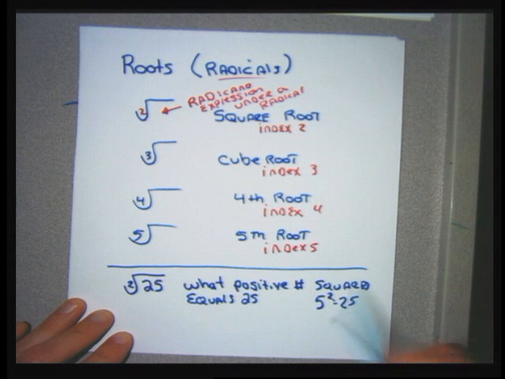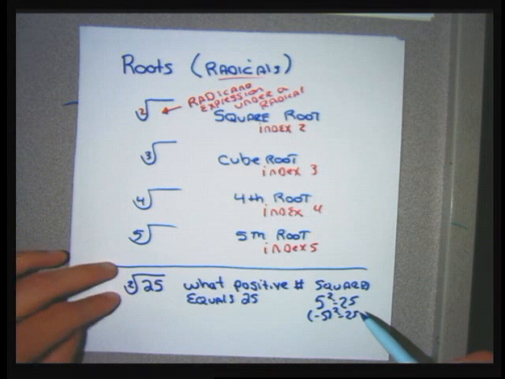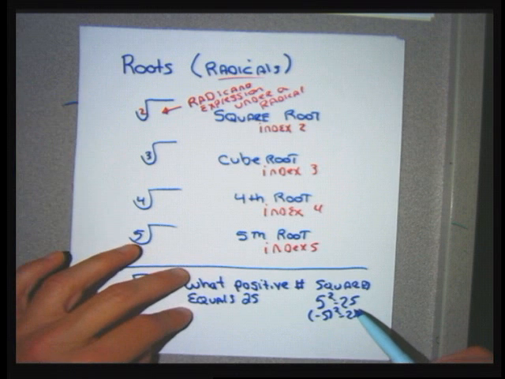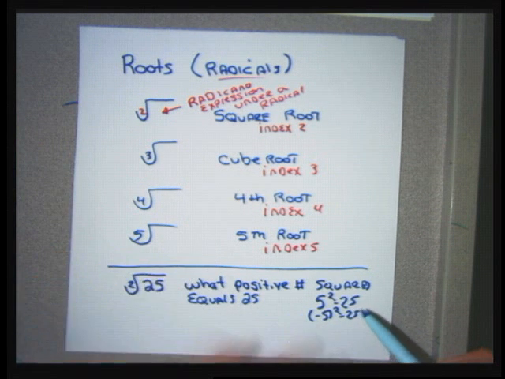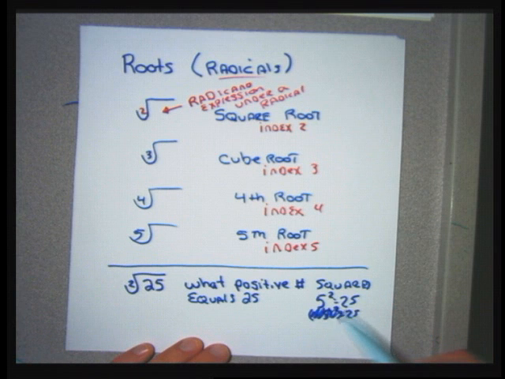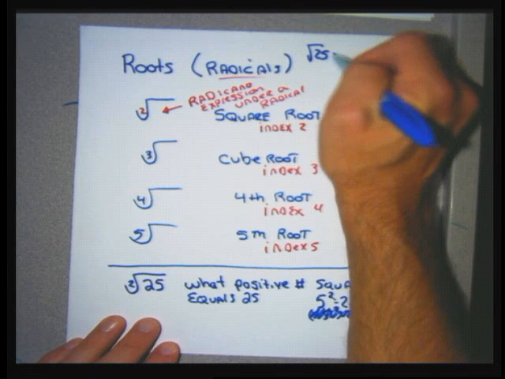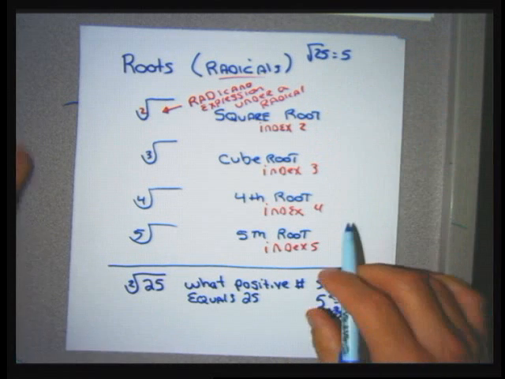The answer isn't negative 5, even though negative 5 squared also equals 25. The symbol for a square root wants the positive number that when you square it you get the radicand. And if I didn't know that the square root of 25 is 5, then my calculator knows that.